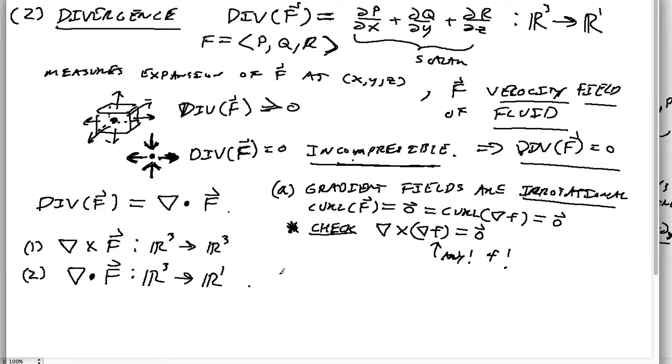Okay, and another really important identity is that curl fields are incompressible.